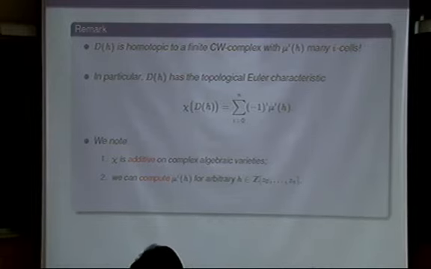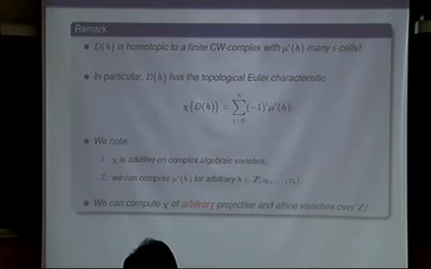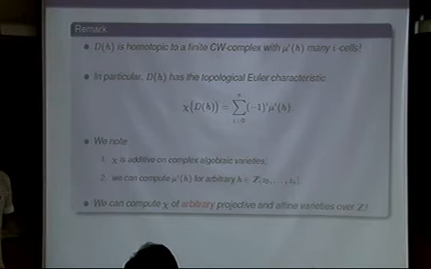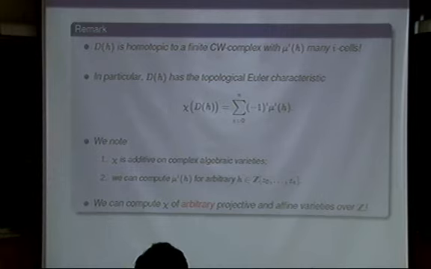Then you can easily calculate those numbers effectively. So combining 1 and 2, our theorem says that we can compute the topological Euler characteristic of arbitrary projective and affine varieties, not just hypersurfaces, due to the additive nature of the topological Euler characteristic. I'm not assuming any condition on the possible singularity of our projective variety. We can always compute it as a number, 27 or 42. If you type it in the script, then Macaulay2 will tell you what that number is.